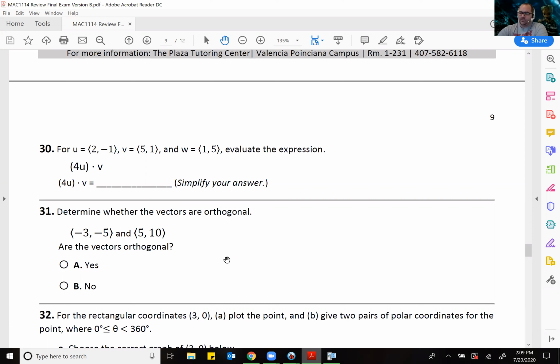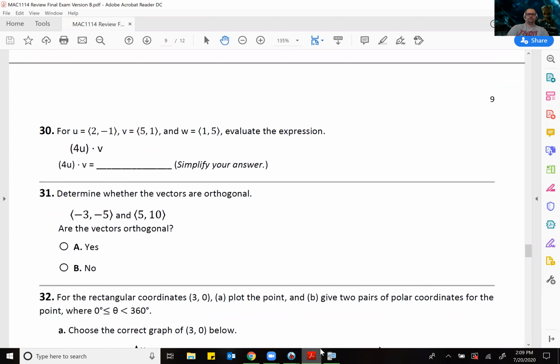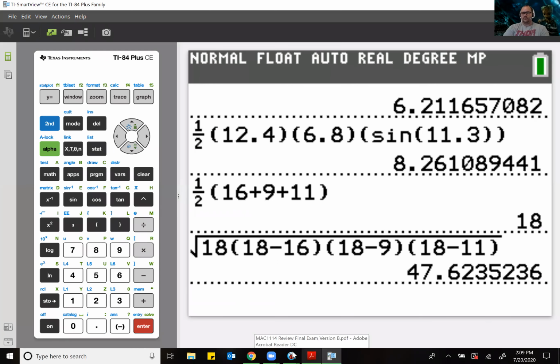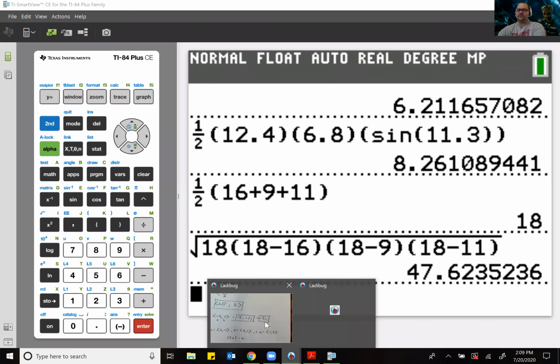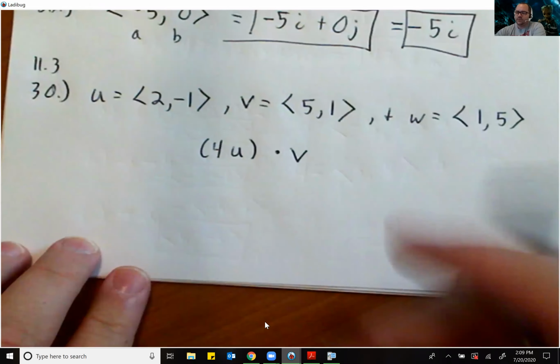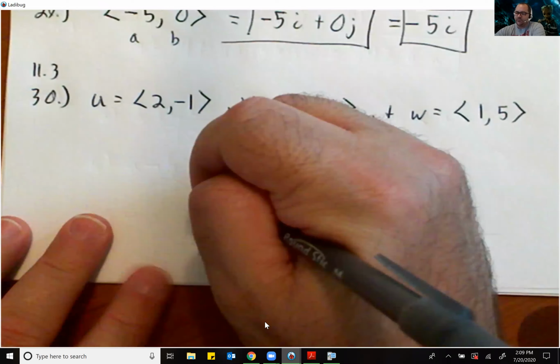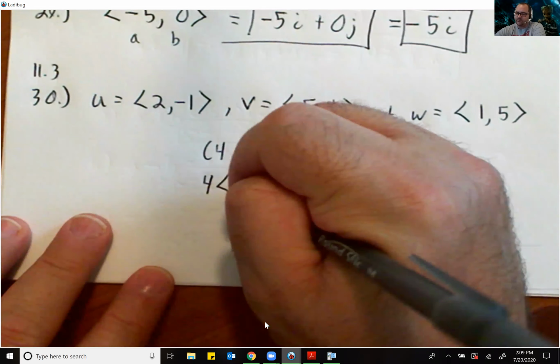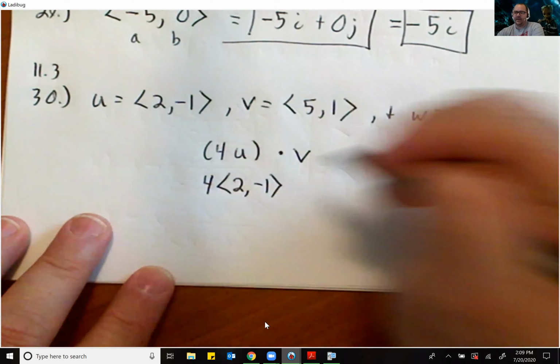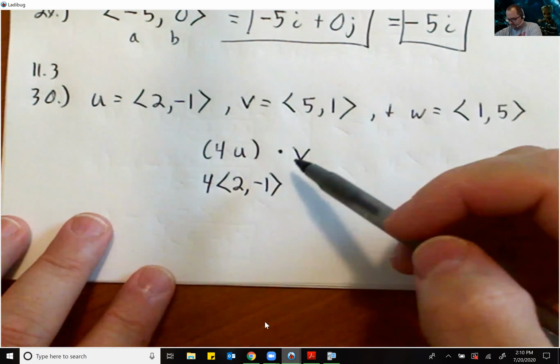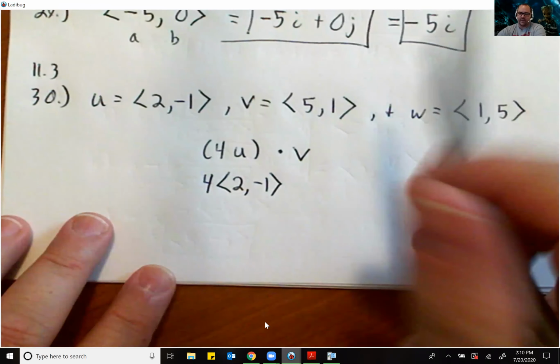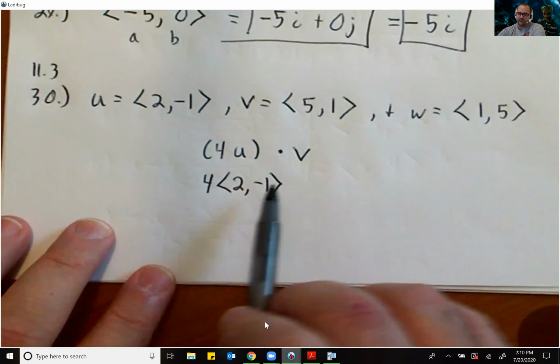And they want you to do 4 times U dot V. Well, that's not too bad. So all you got to do is plug in what you know. So 4 times U, which is 2, negative 1. A lot like what we did up above, I think it was number 27, when we had a negative in front. It's just like multiplying through.